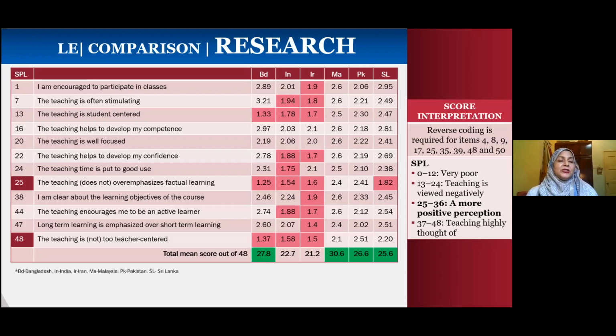So for the student perception of learning, the areas which are marked red have scored less than 2, so that is not a very good sign.